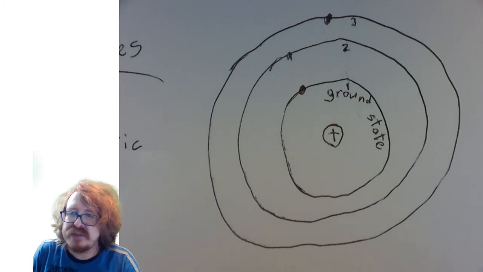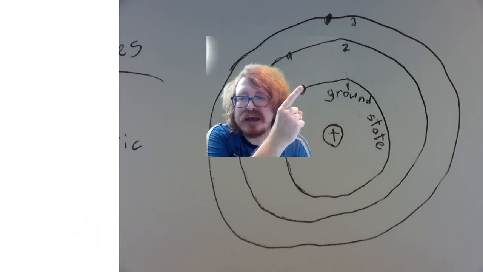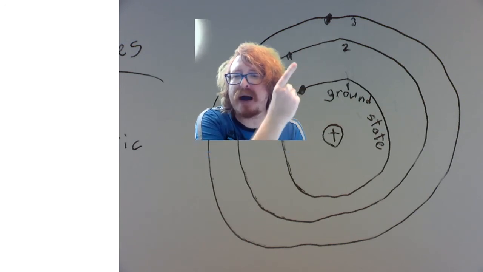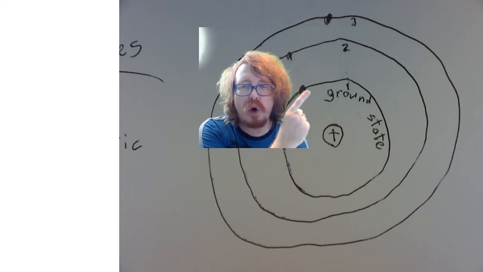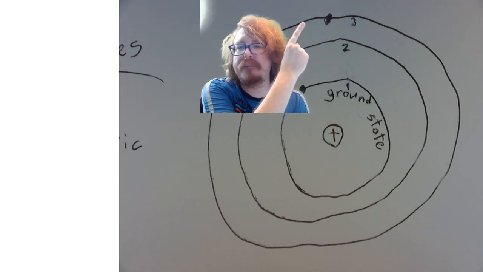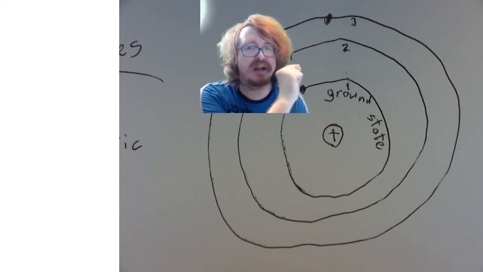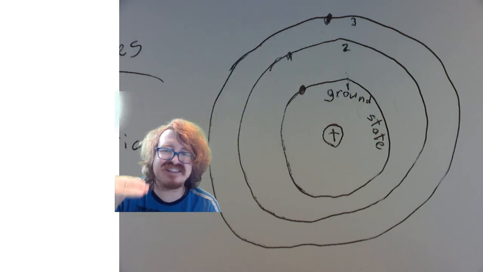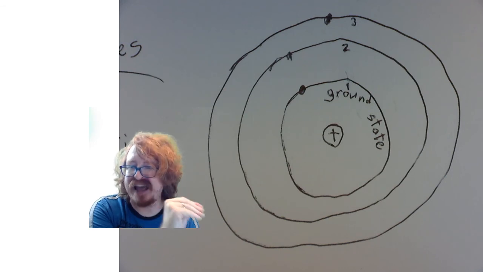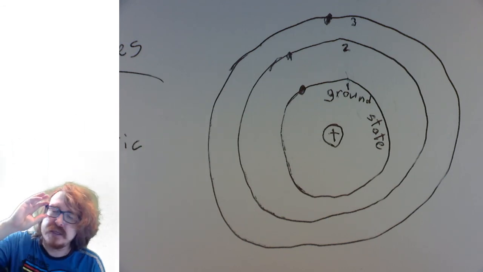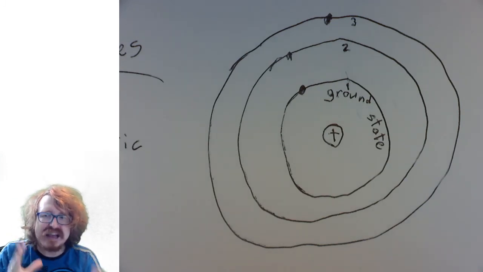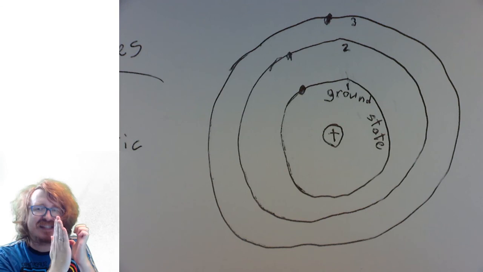That means that if we look at this atom, because it's one particular energy to pop it up to this level, then it's one specific wavelength to pop it up to this level. And if you wanted to pop it to the next level, that's a different wavelength. So basically, the different wavelengths of light are the different energies that pop this atom up. Okay, so that means that this atom has only certain wavelengths that it likes.